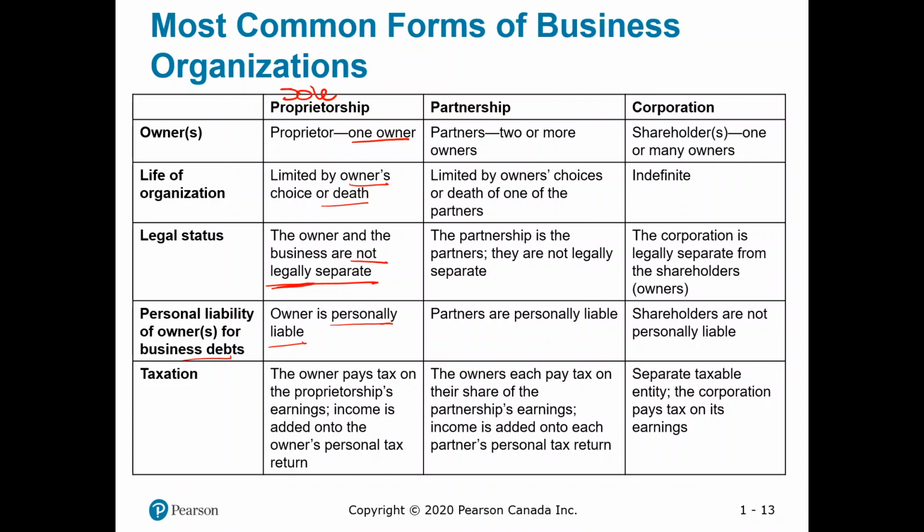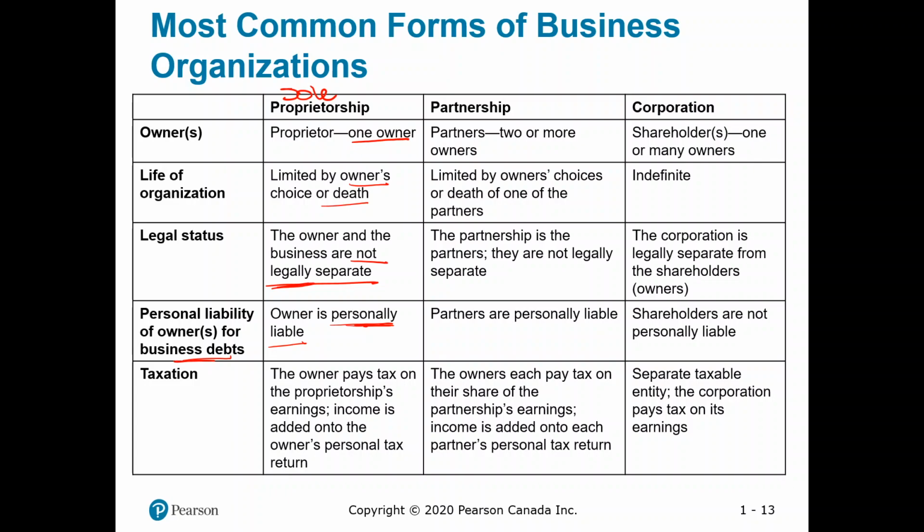However, if the business does not do well enough and doesn't make enough money and they can't pay those debts, the owner now has personal liability. So that means they may have to sell personal assets, such as sell their house, to get the cash to pay for these business debts. So there is personal risk related when it comes to a sole proprietorship.